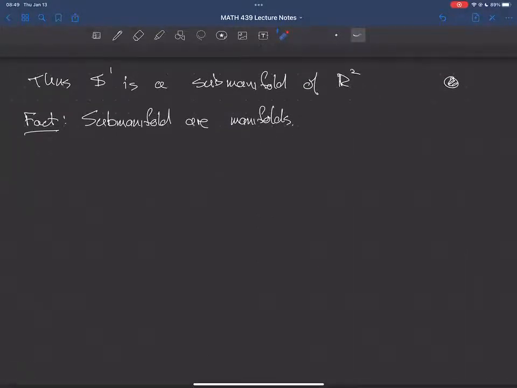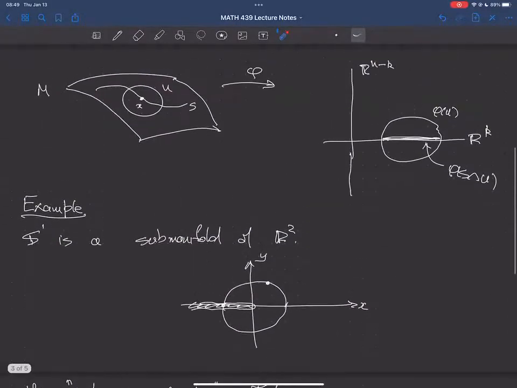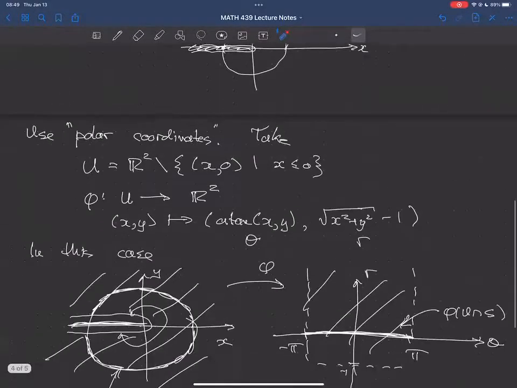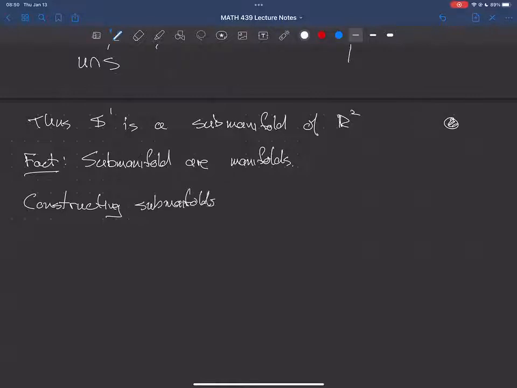Now, you typically do not build submanifolds by verifying this property. That's not often the way you do it, although that's how we did it in this example. A common way of building submanifolds is by using what's called the implicit function theorem.